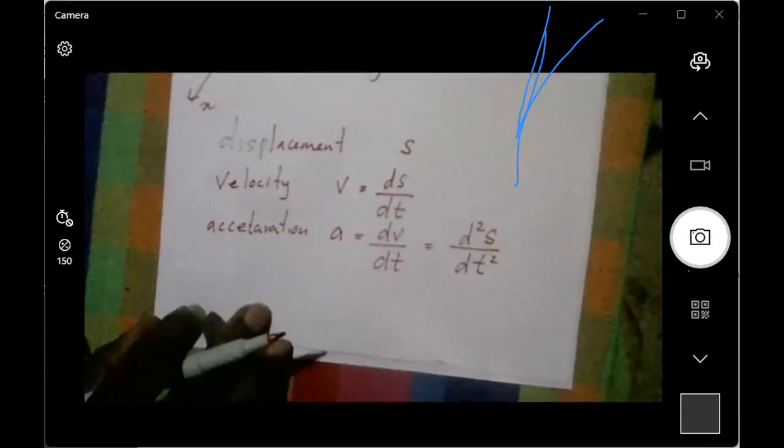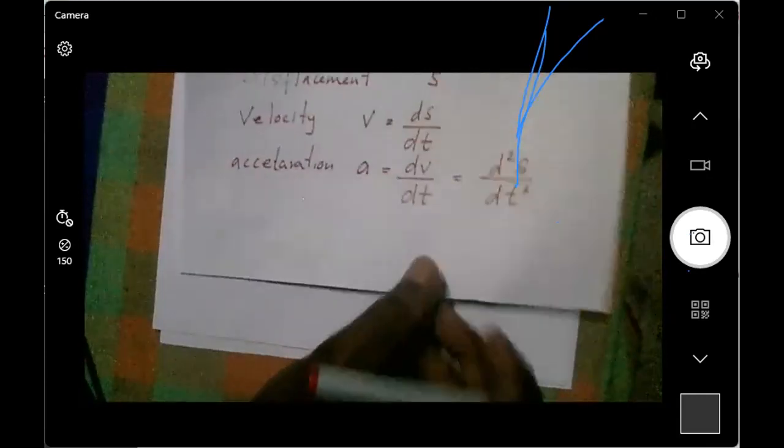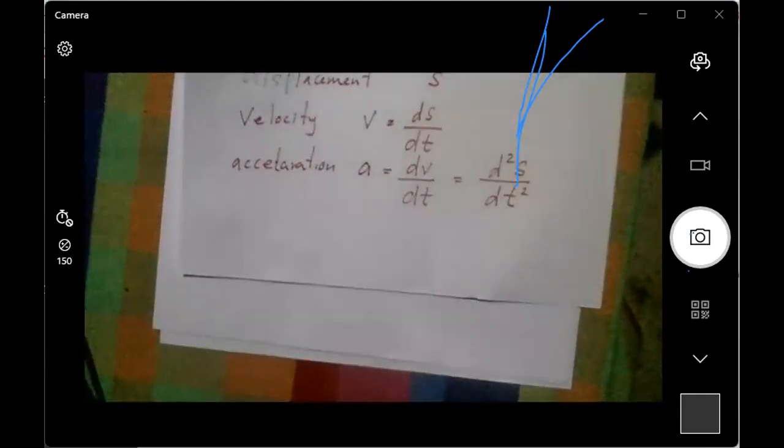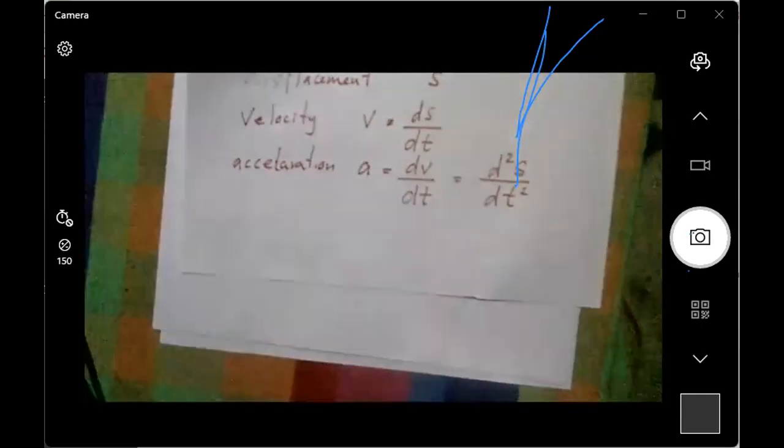To simplify things and to move to 2D and 3D systems, since these are vectors, how are we going to write them in 3D space? What are the additional things that we need to represent displacement, velocity, and acceleration? We need a coordinate system, right?